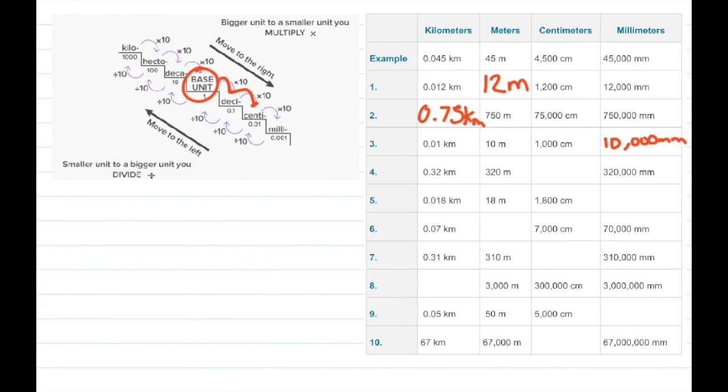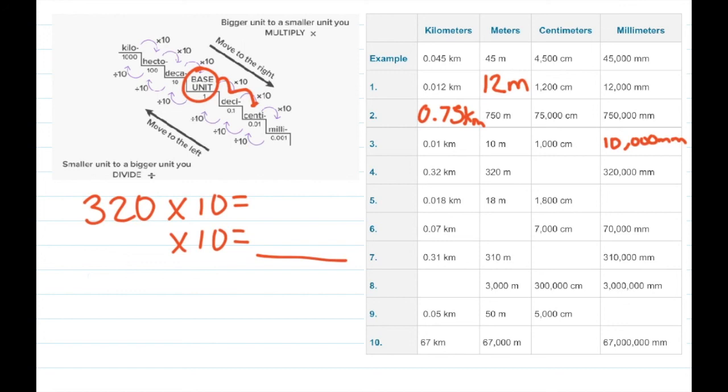Let me show you how that works. This can be done in 2 ways. You can multiply by 10, and then whatever answer you get, multiply again times 10, and that's going to be the answer. Or you can just simply add the zeros to the 320. I'm going to solve this one first, and then I'm going to show you the other way.